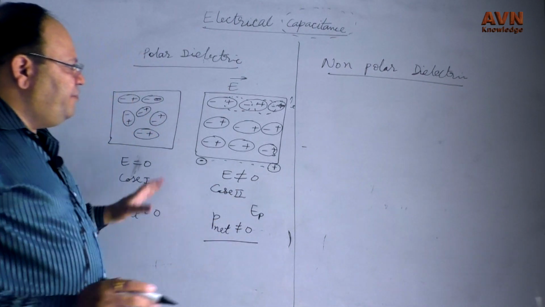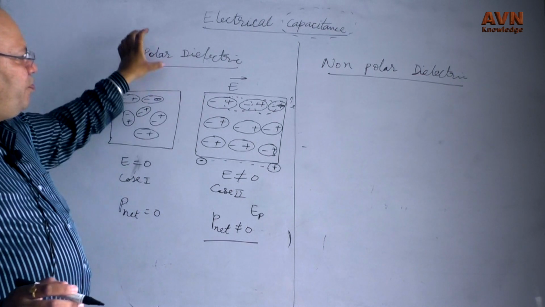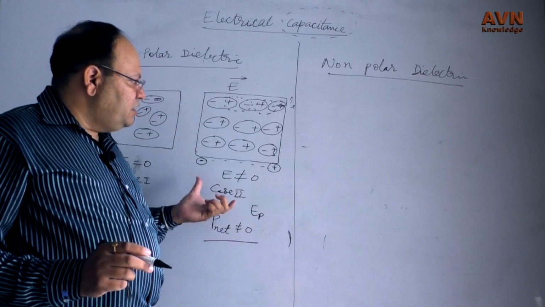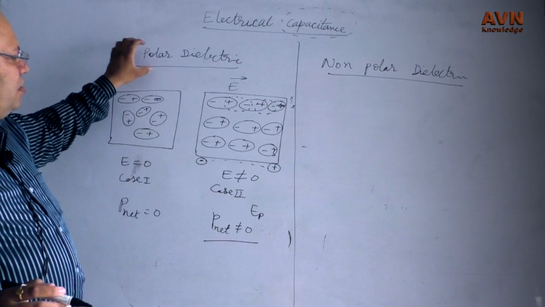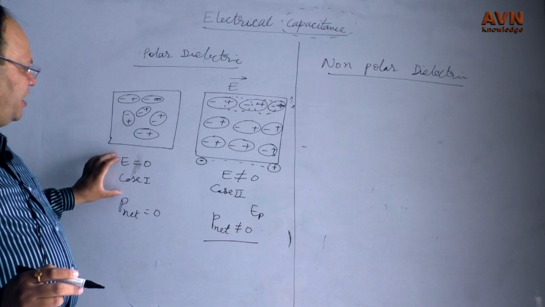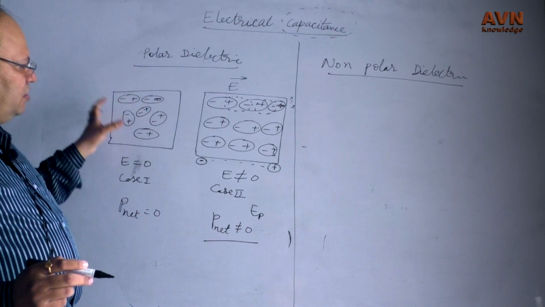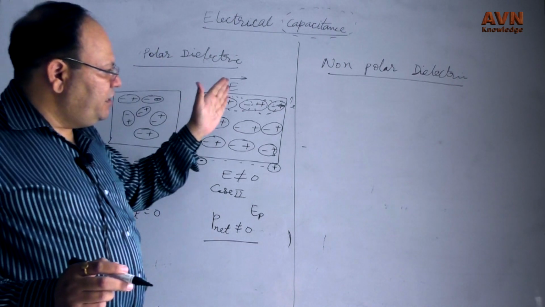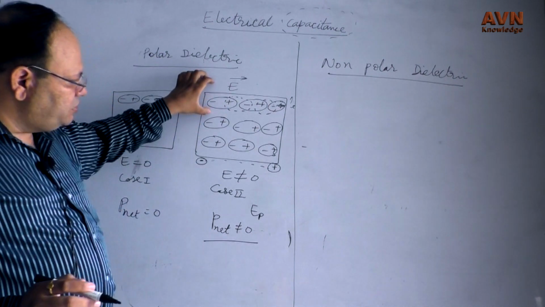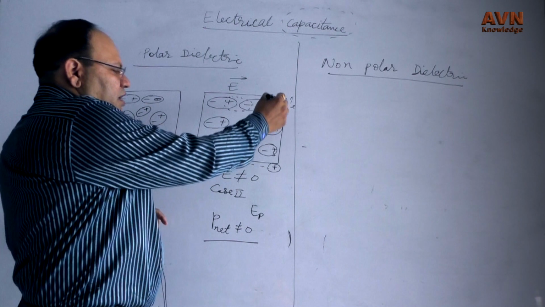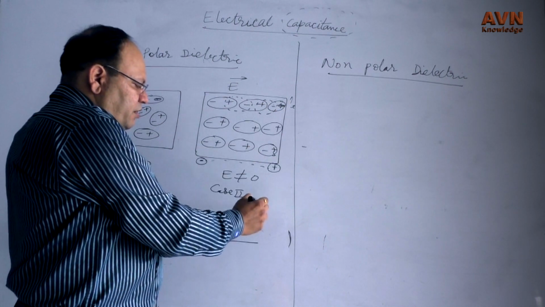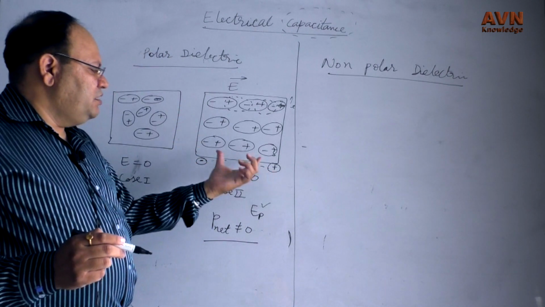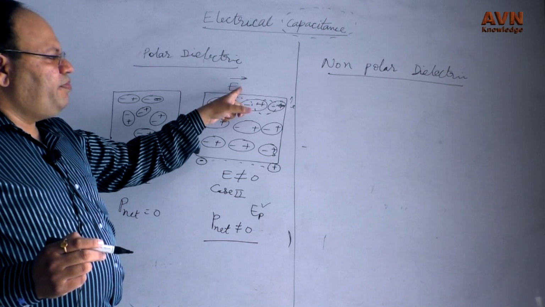So when we apply the electric field on the polar dielectric, P net will not be 0. When the electric field is not applied, they have random motion, and when the electric field is applied, they separate in a linear way due to the electric force, and the induced electric field by the polar dielectric substance has a direction opposite to the applied electric field.